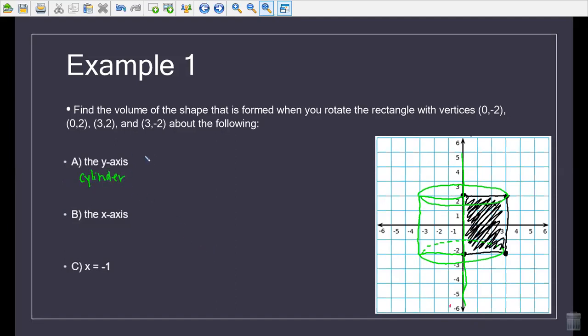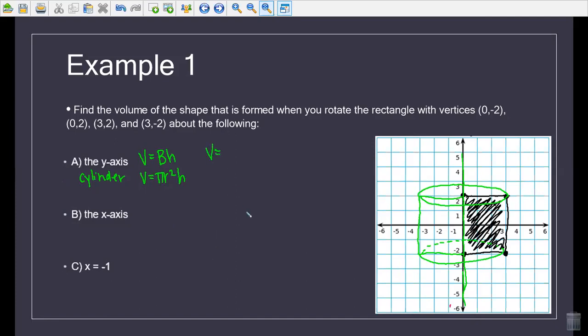All right, to find the volume of a cylinder, remember the volume of any prism or cylinder is the area of the base times the height, but specifically a cylinder always has a circular base, so that's always going to be pi r squared h.